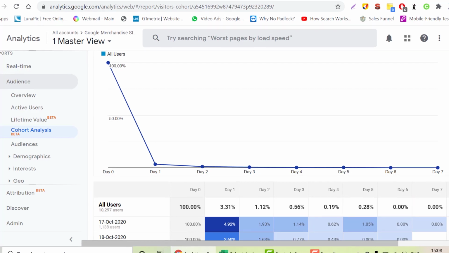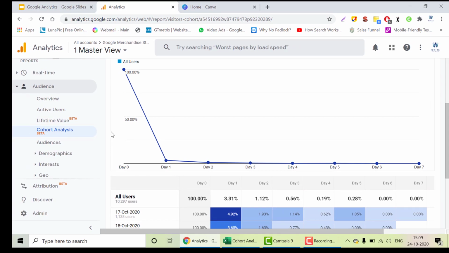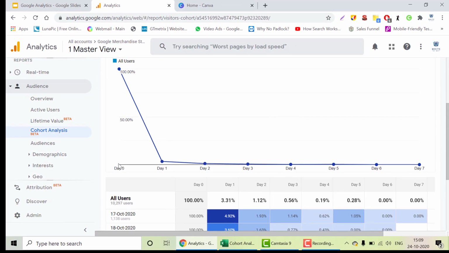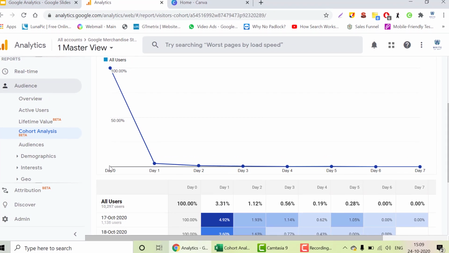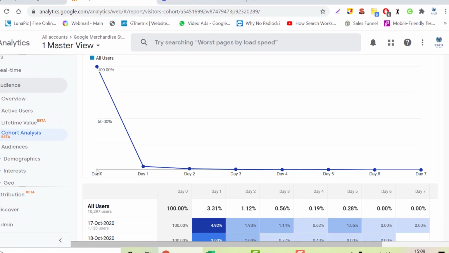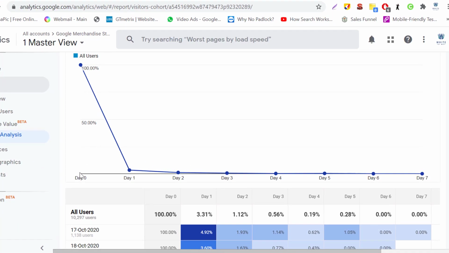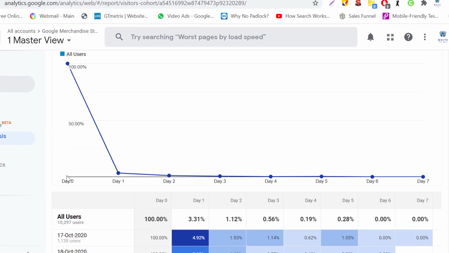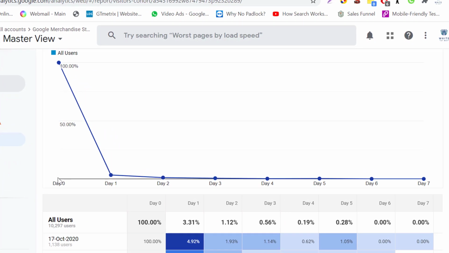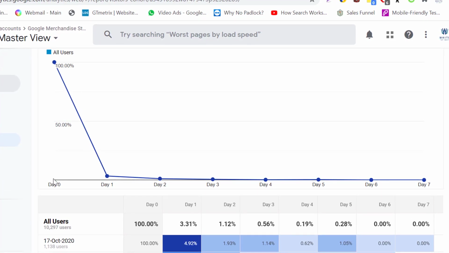So day 0 is the day on which basically 100% of these users came, because whosoever might have come to this website, we are calling these the 100% of my entire data, because this is the data I am going to consider.